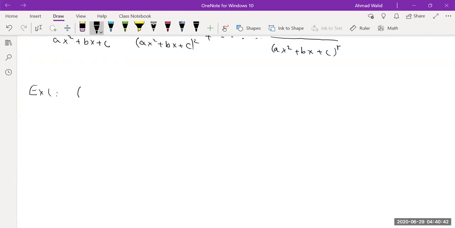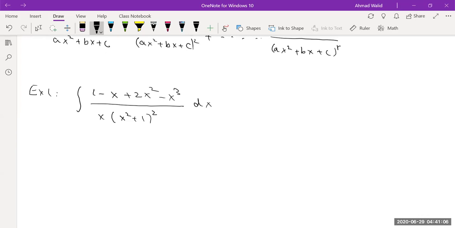Integral of (1 minus x plus 2x squared minus x cubed) over x times (x squared plus 1) to the power of 2 dx.